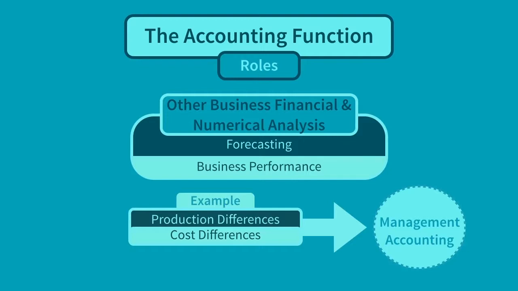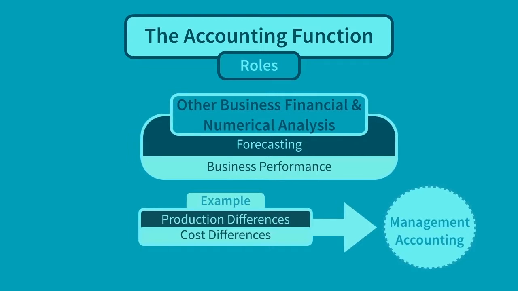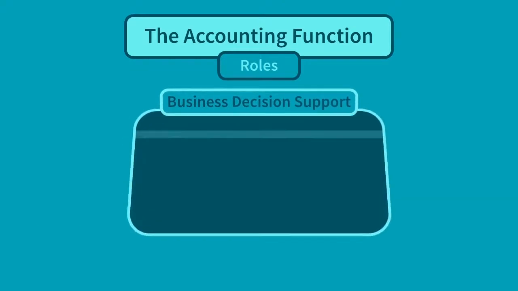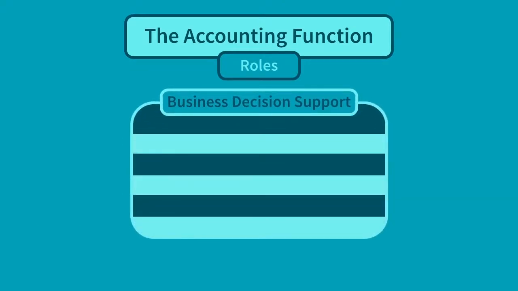Finally, the function may play a critical role in supporting key decision making in the organization. This might include financial assessment of decisions such as the entry to new markets or the production of a new product.